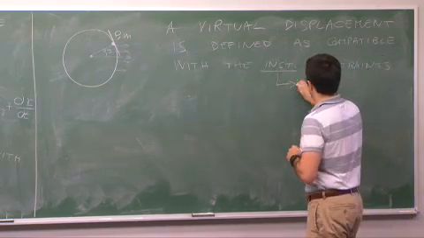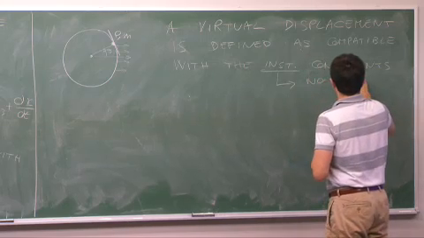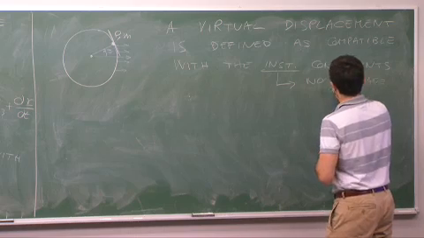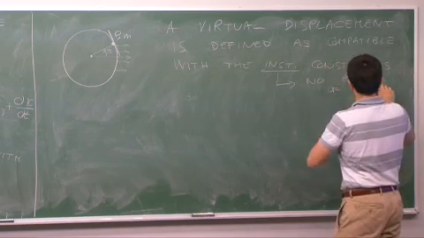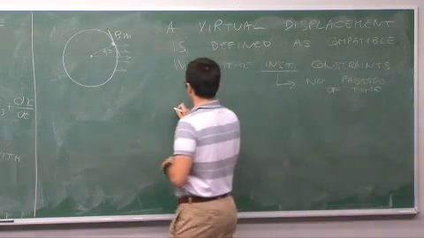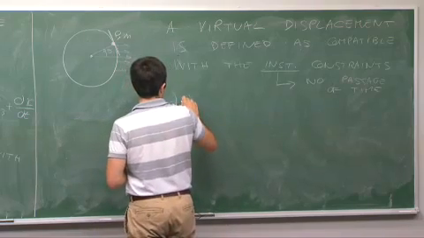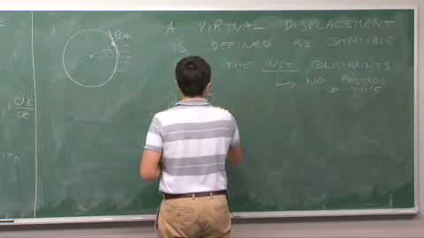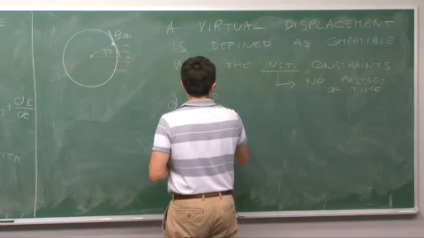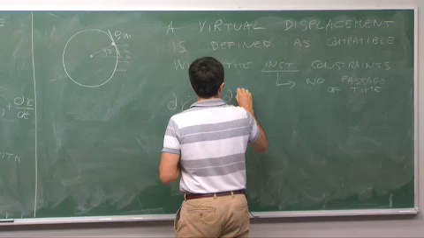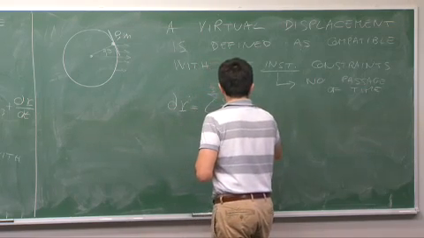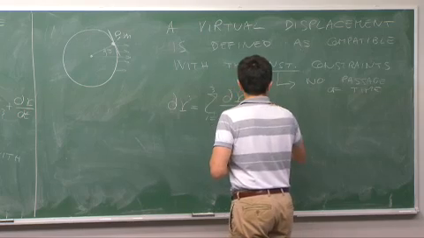This means no passage of time. And these were indicated with delta r. It's the summation, 1 to 3, partial of r with respect to qi, delta qi.